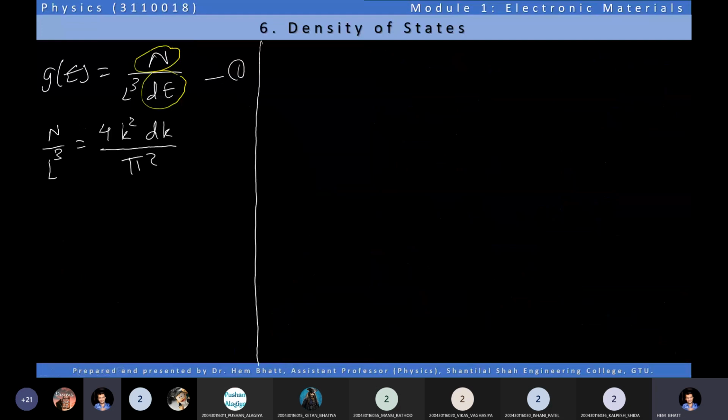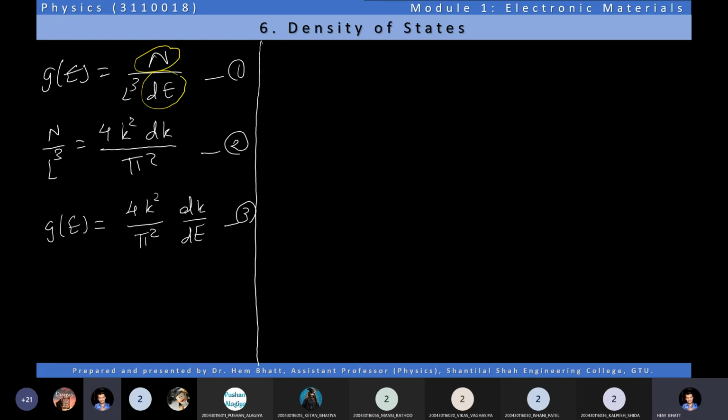And now if I substitute equation 2 in equation 1, what do I get? G of E is equal to 4 k square by pi square dk by de. Let me call this third equation.